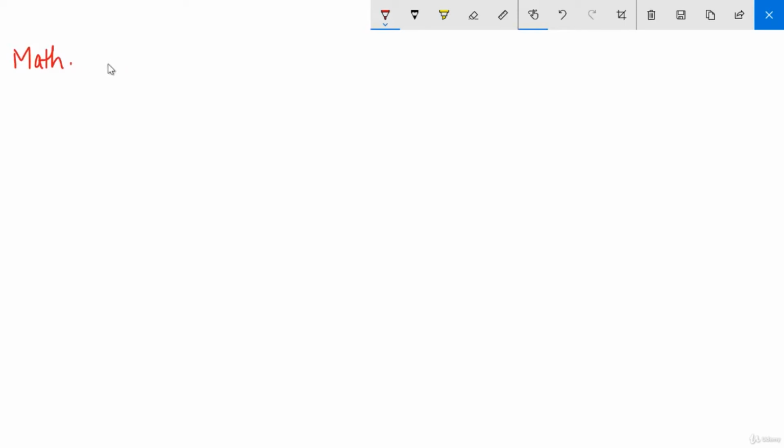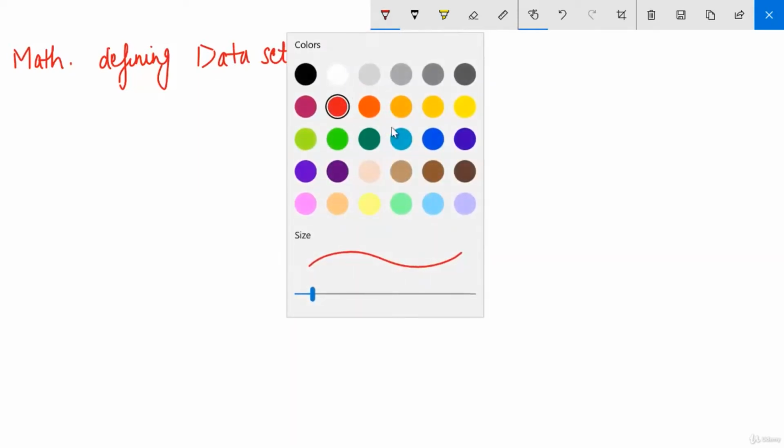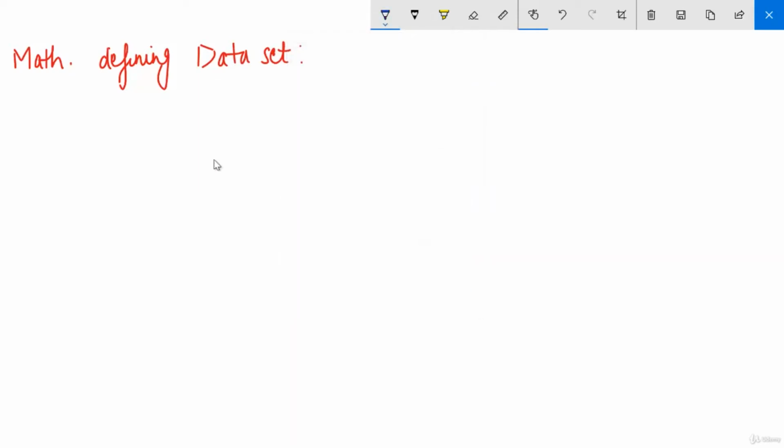Mathematically defining a data set. So how to define that? Let me just write the equation first, and then I will explain what it is.